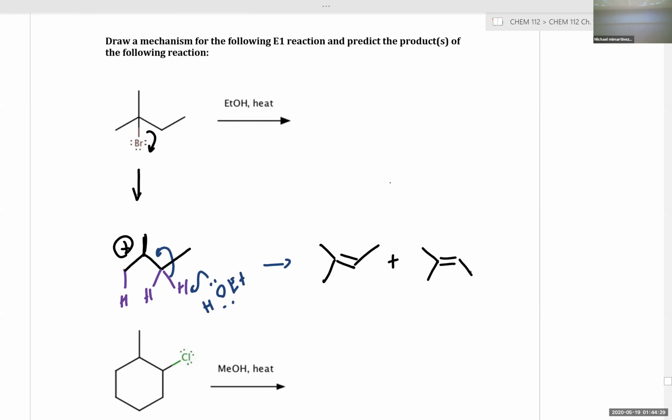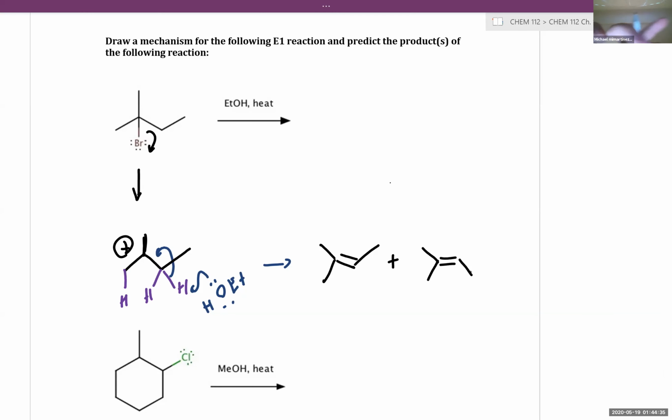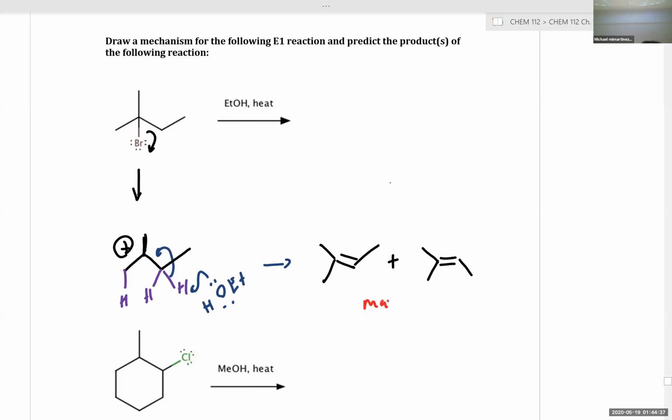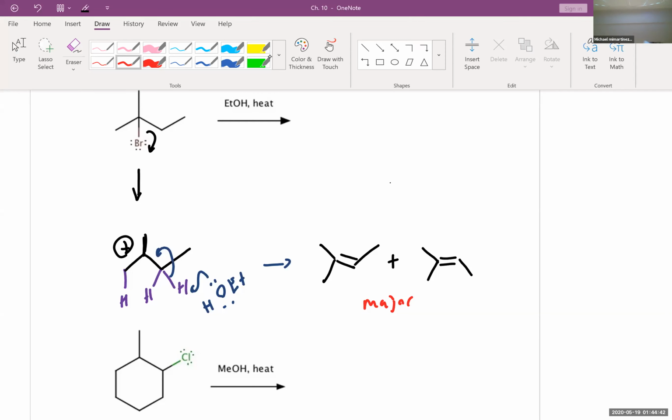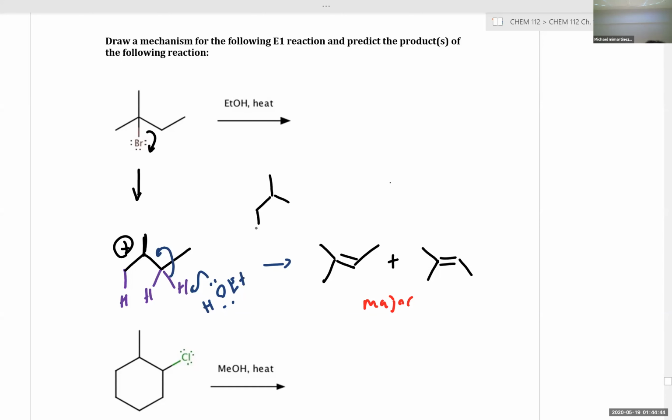Of course, we're going to see a mixture of products. That's inevitable. And these two products will be our major products. Alternatively, in terms of our minor products, if we eliminate to generate our least substituted alkene, we generate the following product as a minor product.